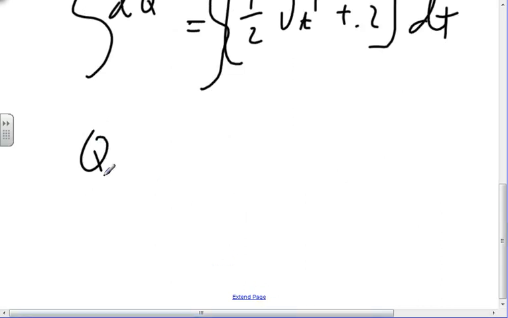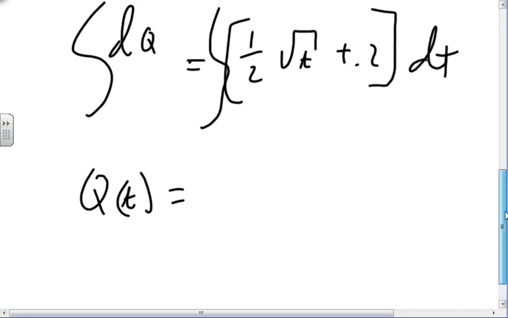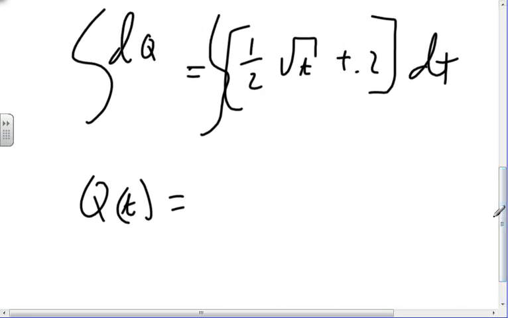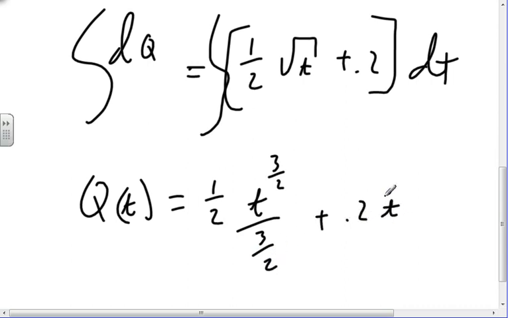And I have Q at t is equal to 1/2 t to the 3/2 divided by 3/2 plus 0.2 t plus some constant of integration c.